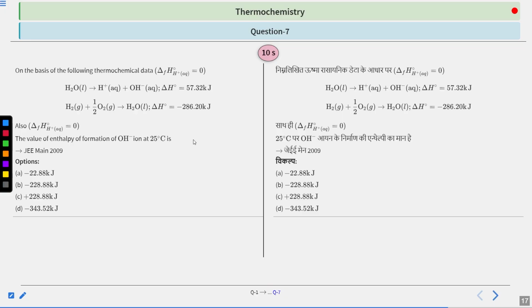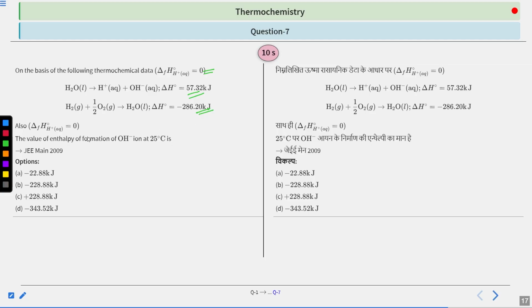Question number 7. On the basis of the thermochemical data, where delta H formation for H plus aqueous is 0, and H2O is giving us H plus aqueous and OH minus aqueous, the delta H for this reaction is 57.32 kilojoule. Similarly, H2 plus half O2 is giving us H2O liquid, where delta H naught is minus 286.20 kilojoule.